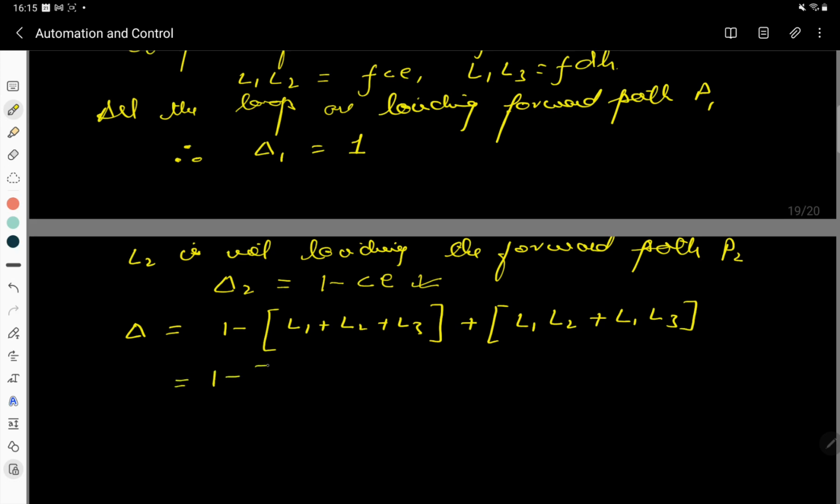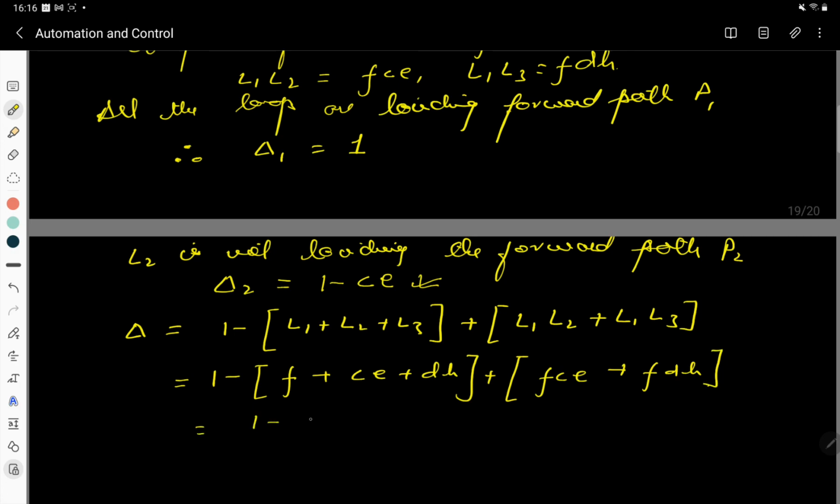L1 is F, L2 is CE, L3 is DH; the product of L1 and L2 is FCE, and L1 and L3 is FDH. So we get 1 minus F minus CE minus DH plus FCE plus FDH.